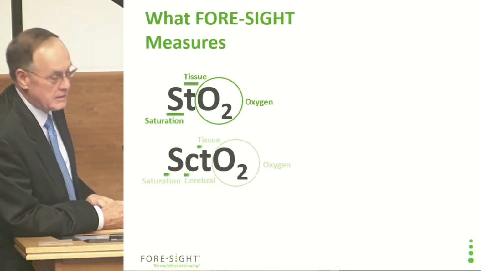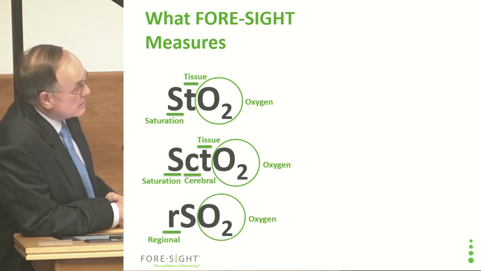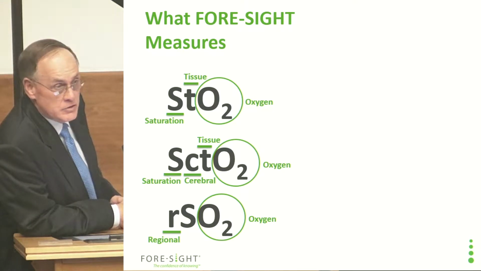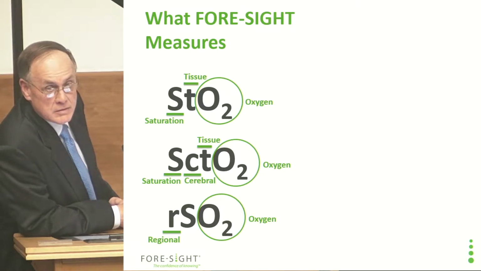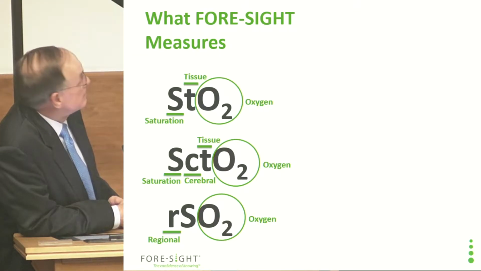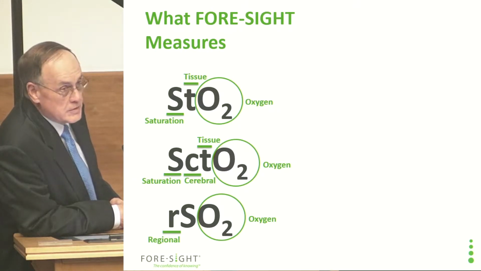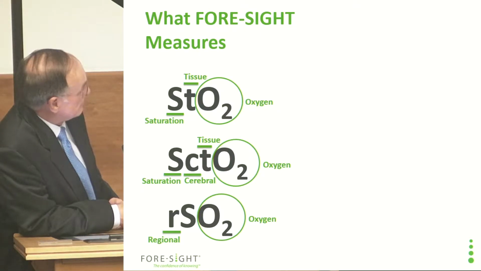With that, you're all familiar with these abbreviations. We, of course, talk about oxygen, O2, and then the saturation is what the NIRS monitor actually monitors. Some people describe it as regional oxygen saturation.